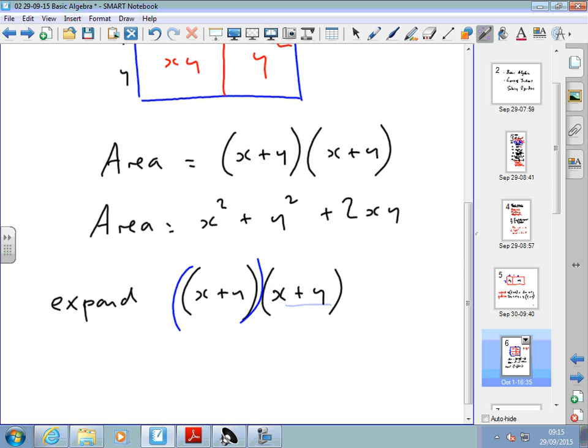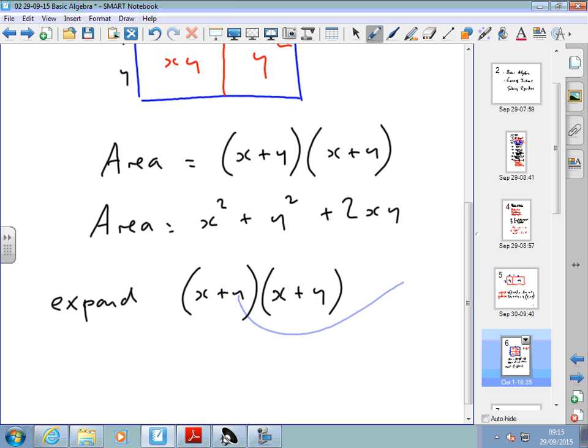So effectively, I've got to multiply each term in this bracket, however many there are, by each term in that bracket, however many there are. So I just have to be logical about it and make sure I don't miss one. What I generally do is take the first term inside this bracket and multiply it by every term in the second bracket, however many there are. And then I go to the next one and multiply that by every term in the second bracket, however many there are, and so on.